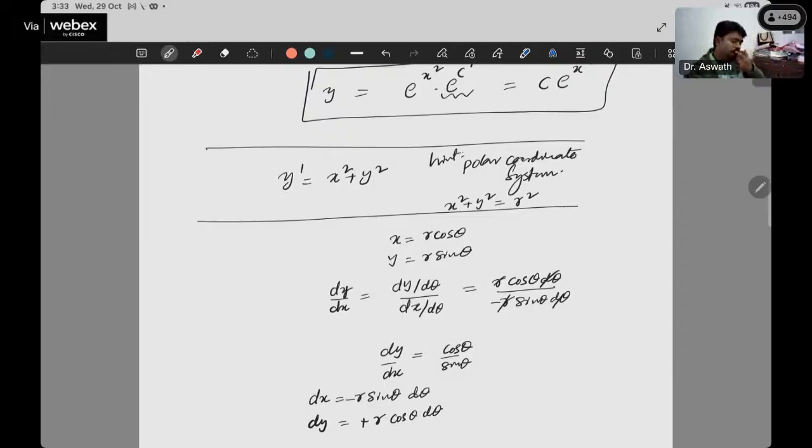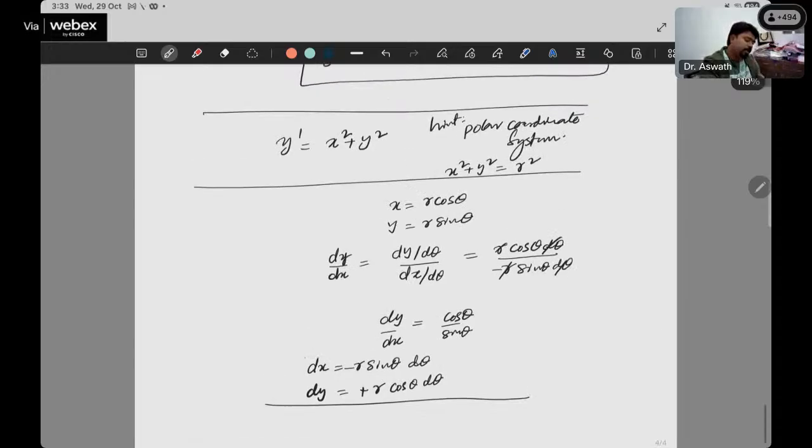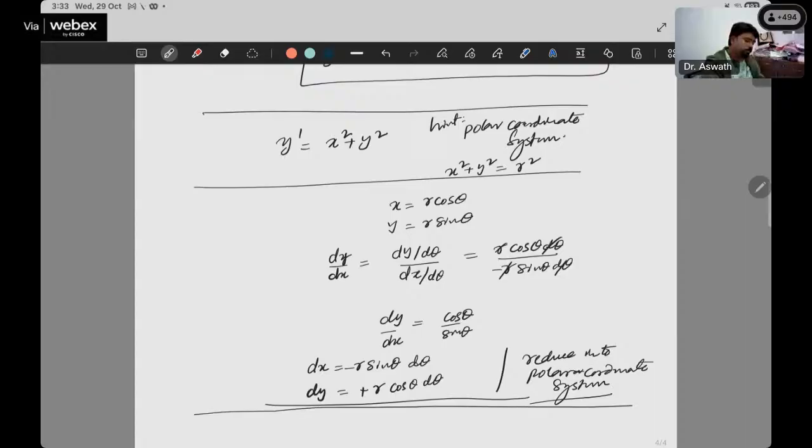So you can try to do it in this way and reduce this into the polar coordinate system. Then you can find the solutions easily. Okay, keep that aside.